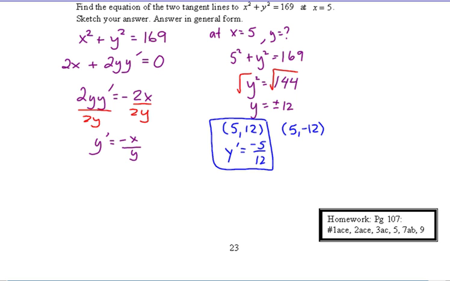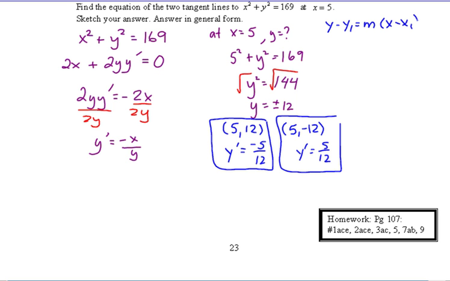And what would be our slope at 5 and negative 12? 5 over positive 12. Can we get our equations now that we have a point and we have our slope? Using point slope form. Okay, we can find the equation of both now.